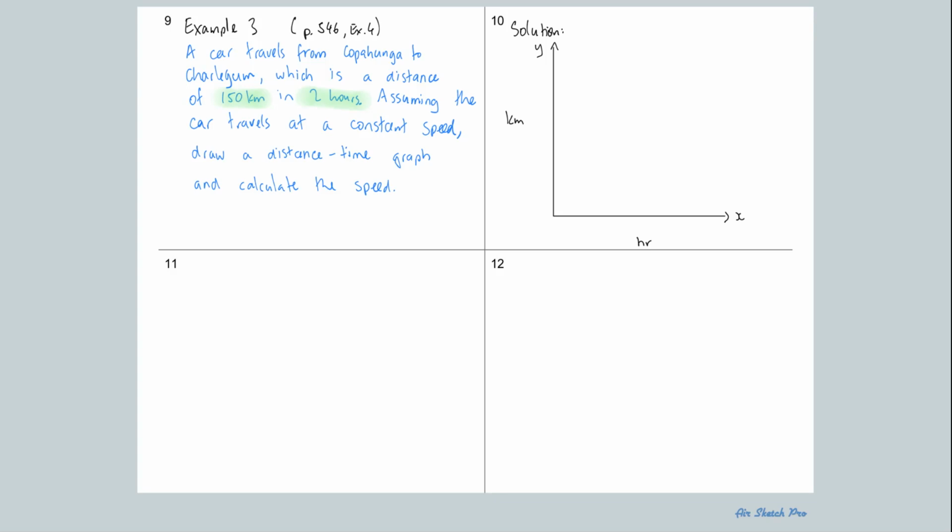So just drawing the graph, we can call this O for the origin, where they start off, and then we can say, okay, let's make this 1 and let's make this 2. I'm trying to keep my proportions right on my diagram here. And I know that after 2 hours, they've traveled 150 kilometers.